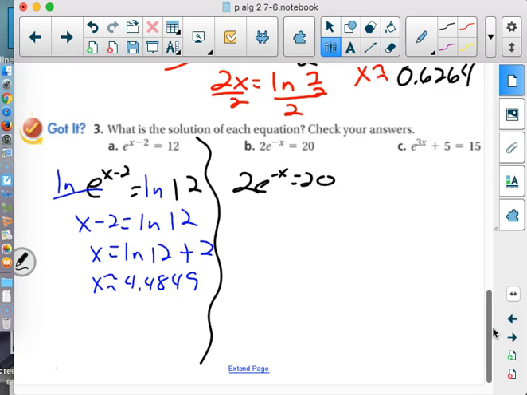B. Right away? Divide by 2. Expose that base. It's exposed. It's naked. It's a naked base.